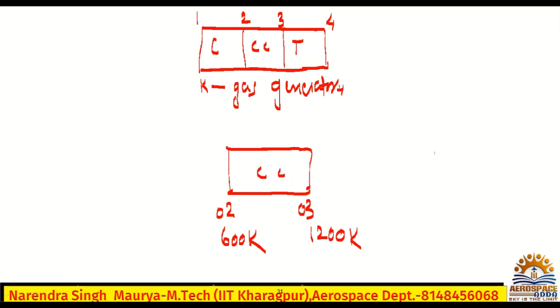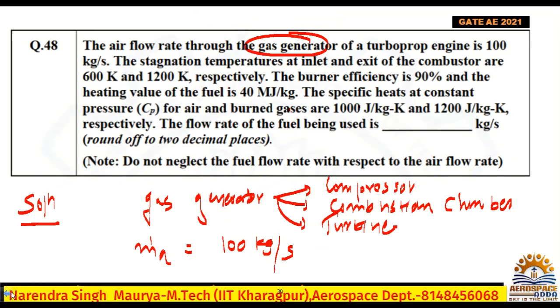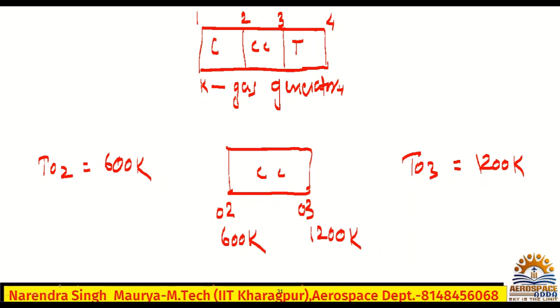Means we can say T02 they have given 600 Kelvin, T03 they have given 1200 Kelvin. All right. Now burner efficiency 90% they have given. So what will happen to this?